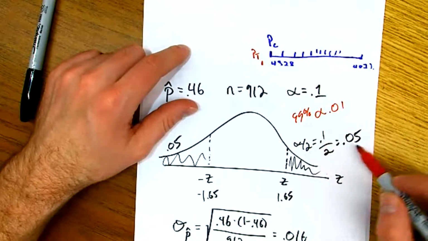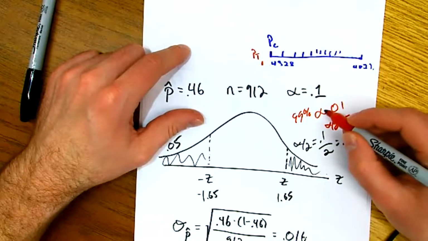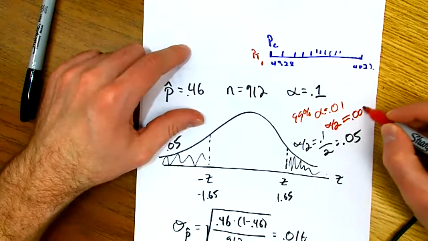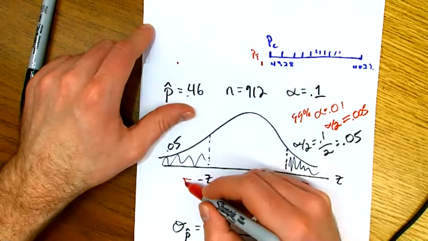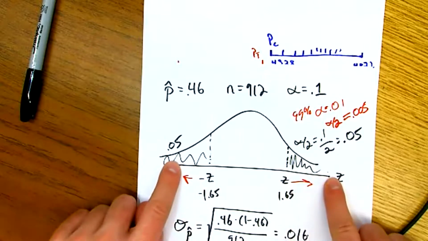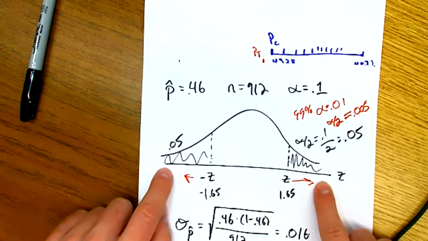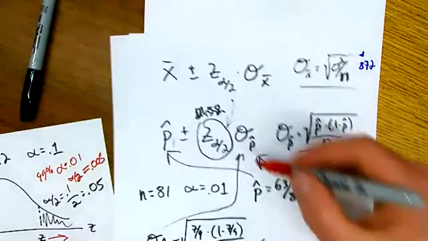When I divide alpha by 2, I'd have 0.005. So if I want 0.005 in the tail, I'm going to have to go a further number of standard deviations out. So I'm going to need a larger z-value. If my z-value goes up, what's going to happen?